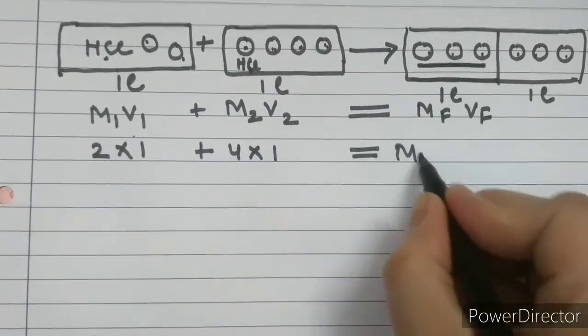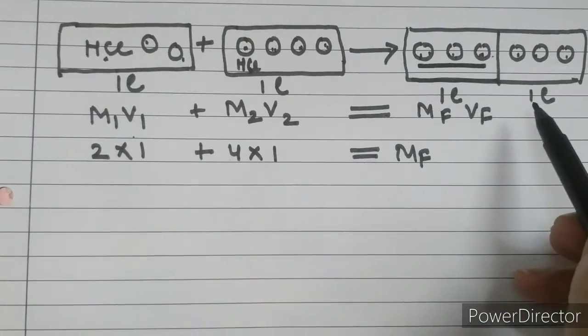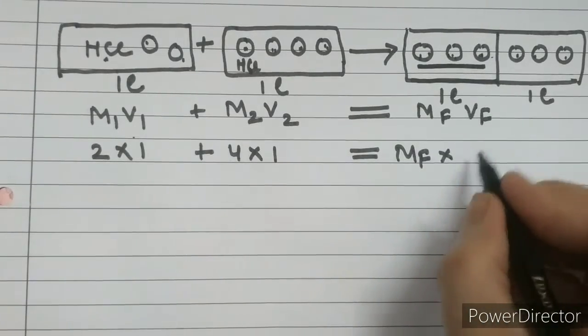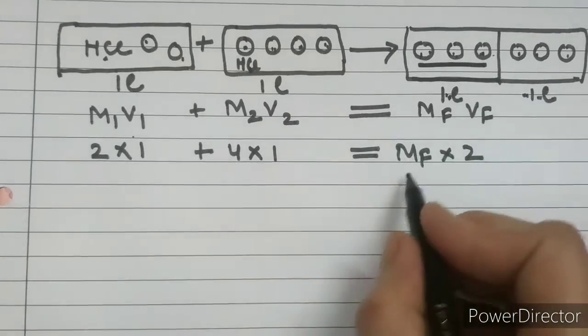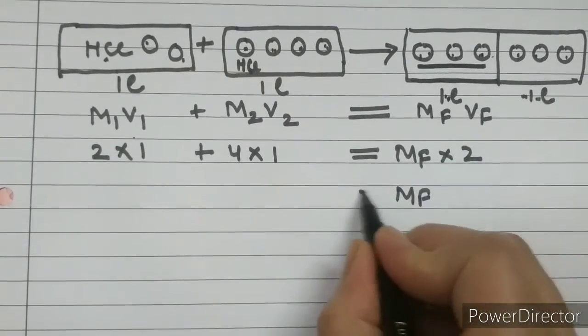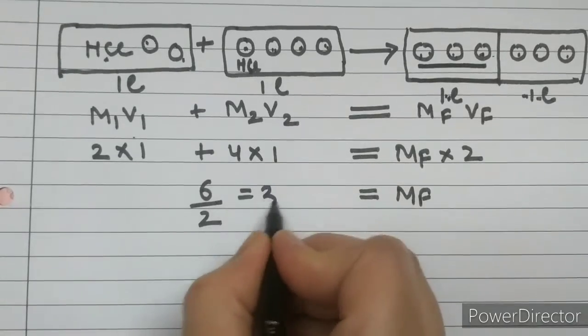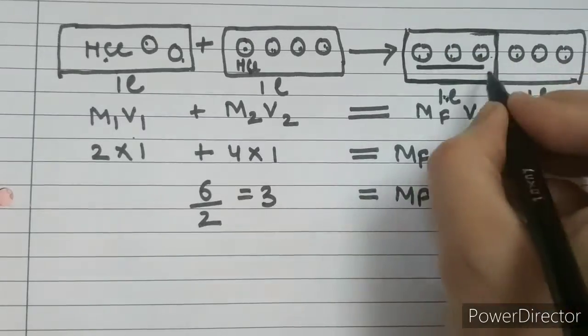M final, theoretically, we found to be 3. Let us see whether practically it is also right. This is M final into V final, where the total volume of the resulting solution is 2. So what is the molarity of the resulting solution? 4 plus 2, 6, divided by 2 is equal to 3. So we just did it theoretically, it is 3 moles per liter.